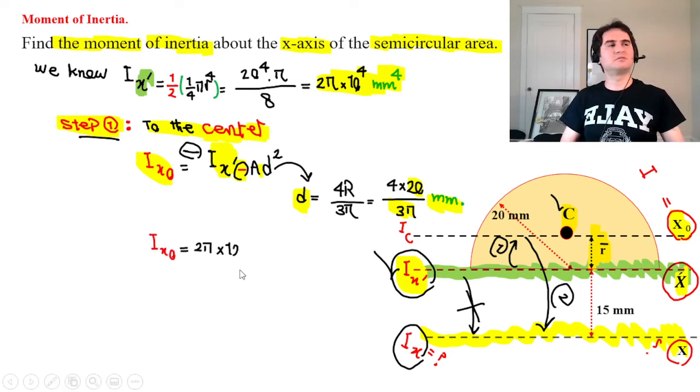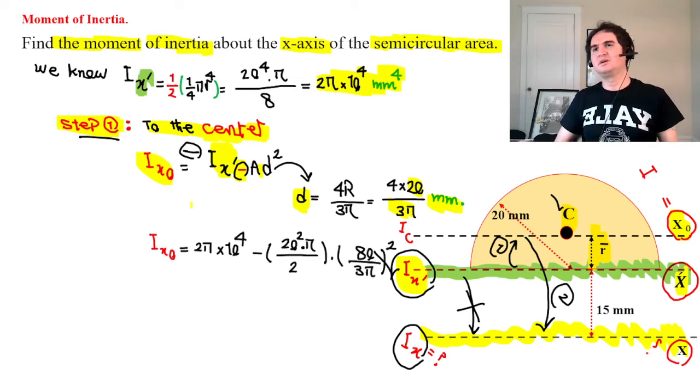If you replace the numeric values, Ix prime is, as I told you, 2 pi times 10 to the 4 from the top, minus the area of the semicircle, half of pi r squared, times d squared. D is r bar, and that's 80 over 3 pi.